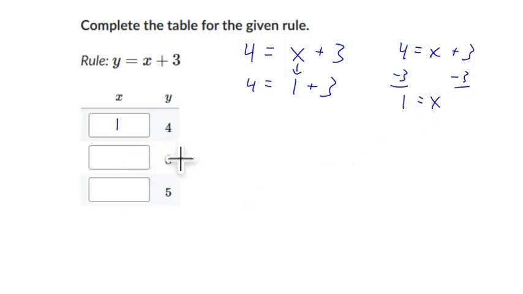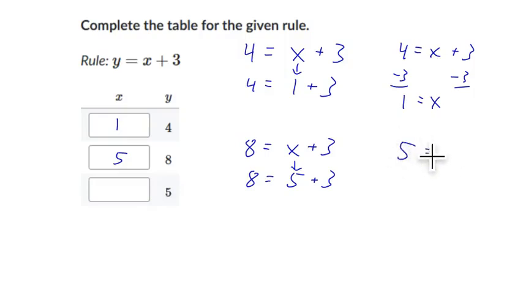All right, so here we have an output of 8, so we have 8 equals some number plus 3. Well, let's see, we know that 8 equals 5 plus 3. So the input must be 5. And then here we have our y, which is 5, equals some number x plus 3.